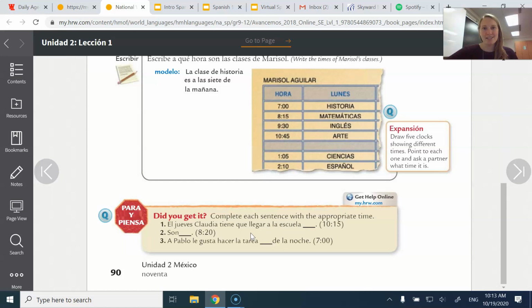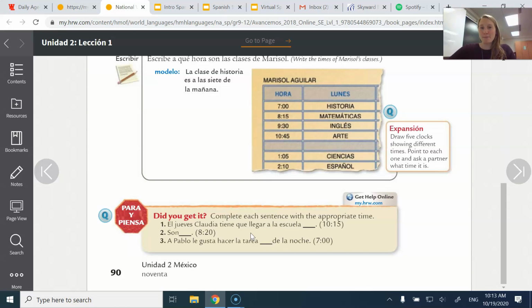A las 10:15. What about número dos? Son 8:20, right? Número tres, a Pablo le gusta hacer la tarea blank de la noche. A Pablo le gusta hacer la tarea a las 7 de la noche.